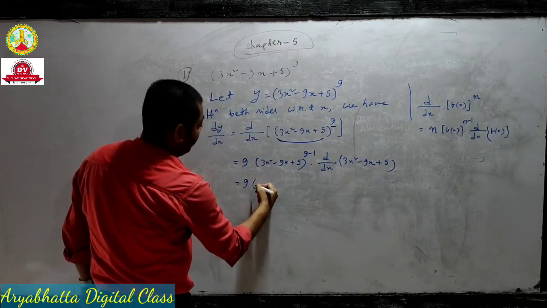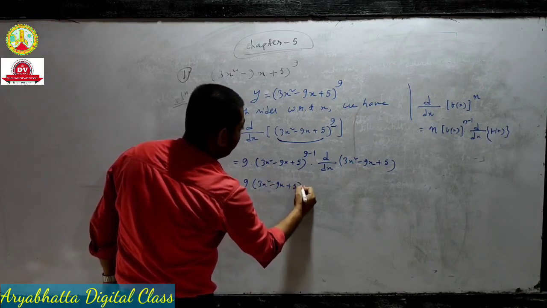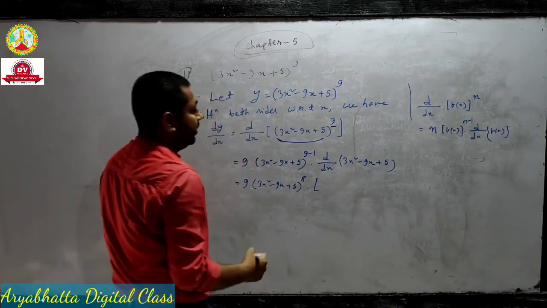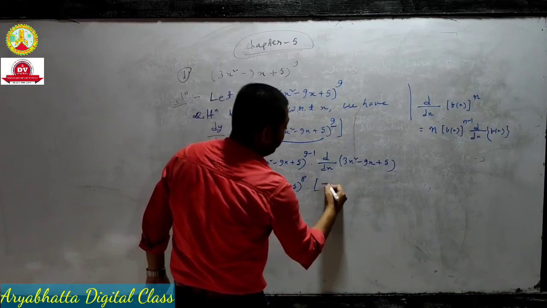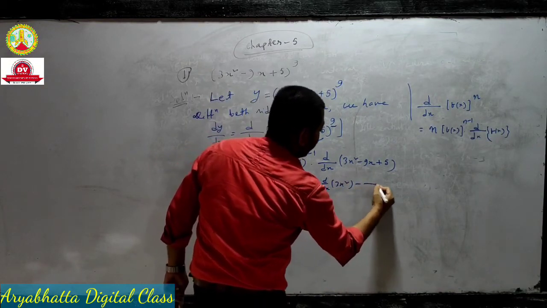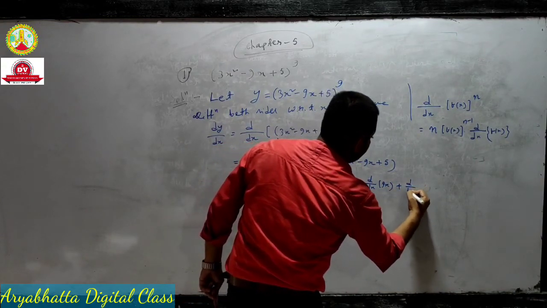This is equal to 9 into 3x squared minus 9x plus 5 whole to the power 8 into d by dx of 3x squared minus d by dx 9x plus d by dx 5.